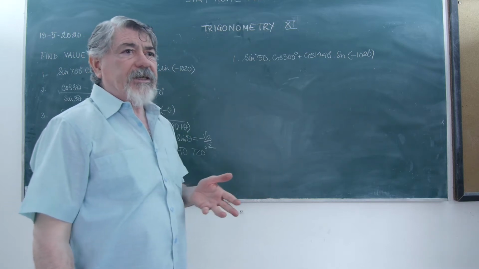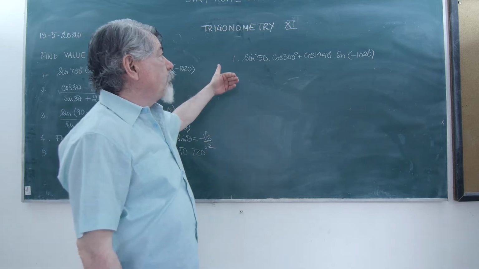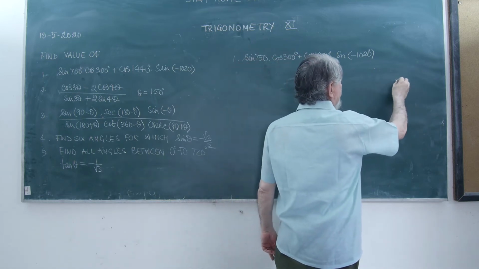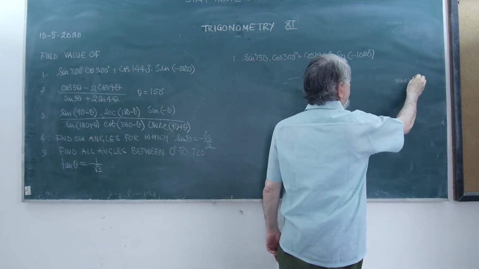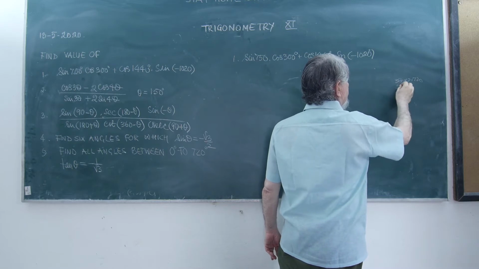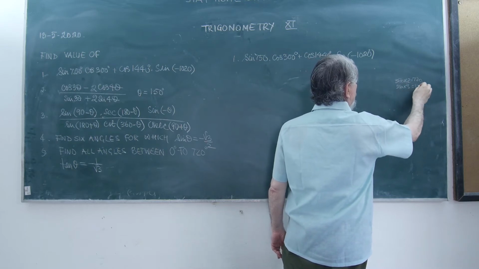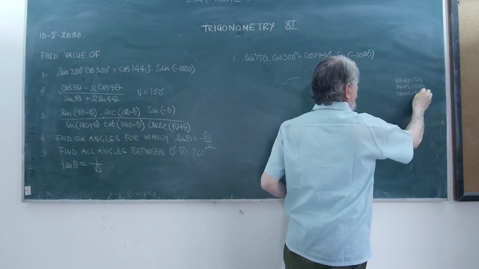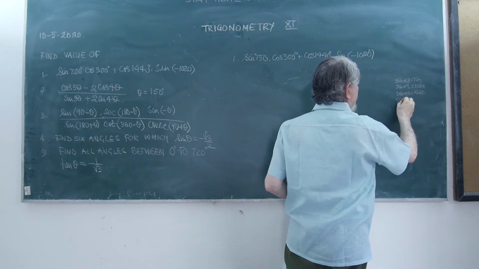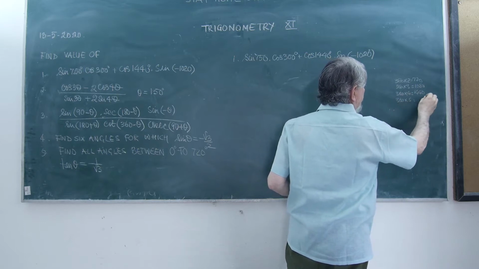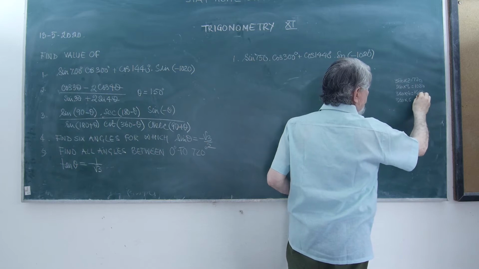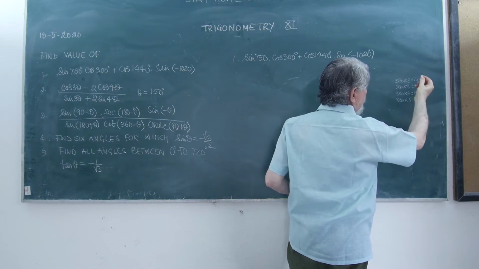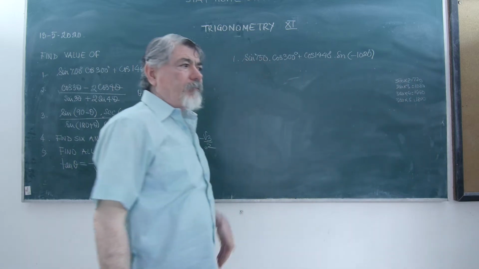For you it will be very easy to multiply, but if you don't have a calculator, then you should remember some multiples of 360. 360 into 2 will be 720, 360 into 3 will be 1080, 360 into 4 will be, I think, 1440, and 360 into 5 will be... and many more.